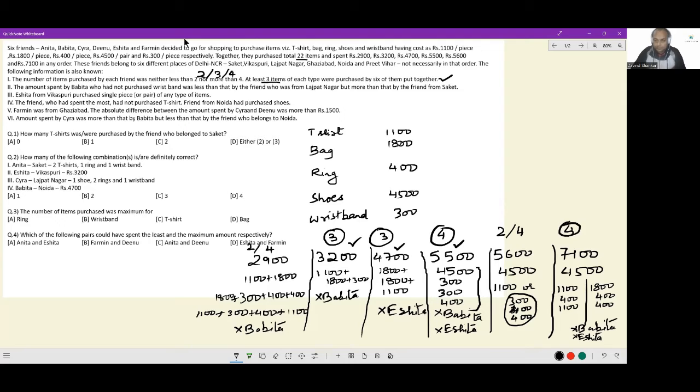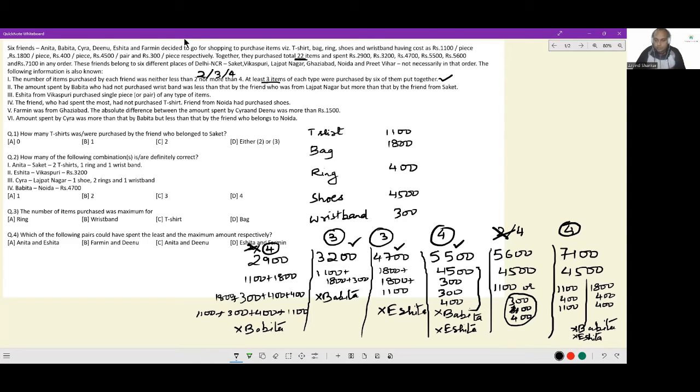Now see, we already have 3 plus 3 plus 4 plus 4, 14 items that are definitely bought. But we were told a total of 22 items have to be bought. If a total of 22 items have to be bought, can you see? You cannot possibly have 2 items here and 2 items here.